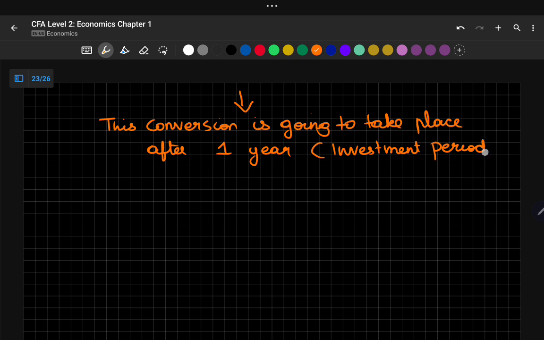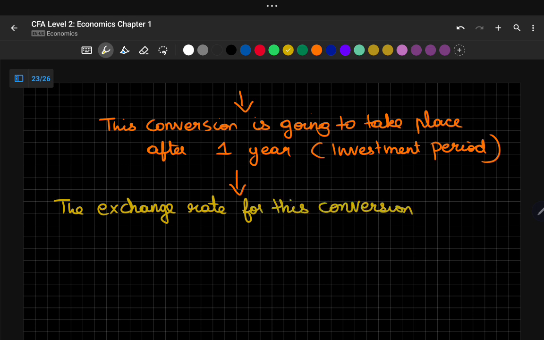Since the investor receives the investment return only after 1 year, when converting it back, what will the investor do? Because the investor wants a risk-free return, the exchange rate for this USD to INR conversion at the end of 1 year will be set at the beginning of the investment period, at the start of the investment period.